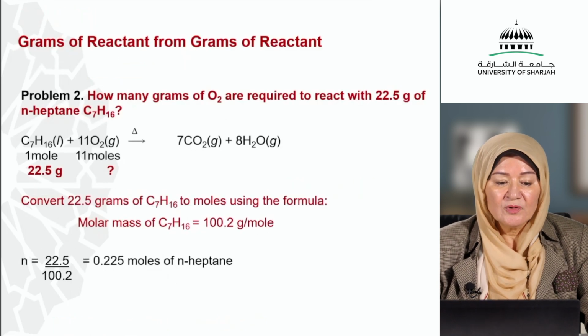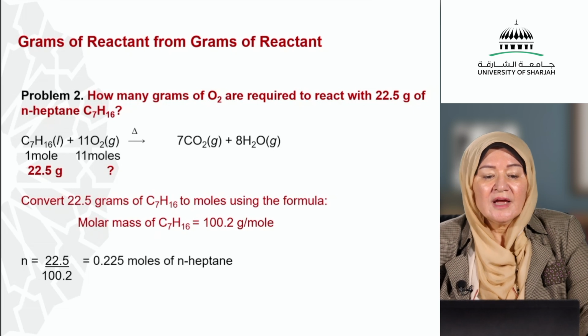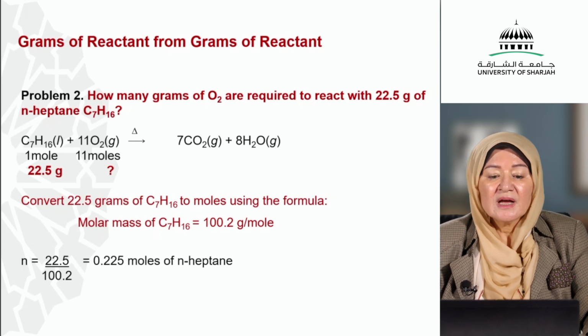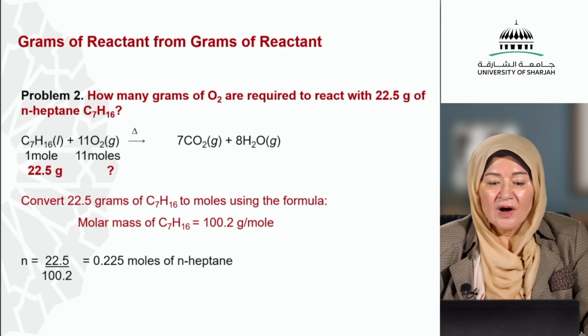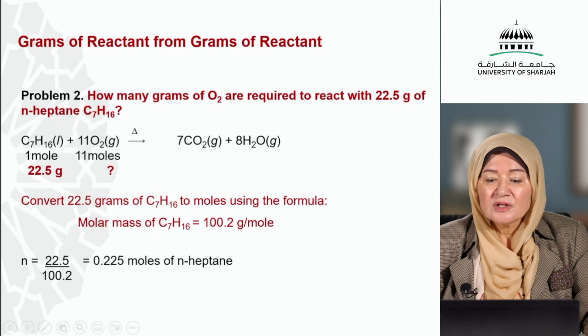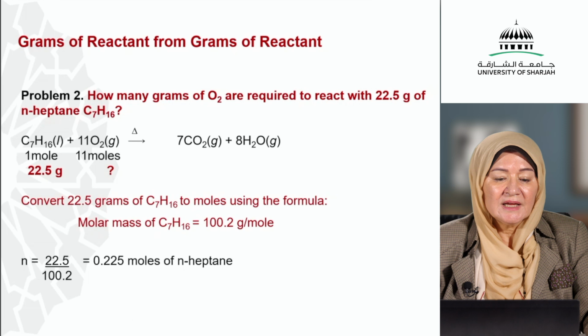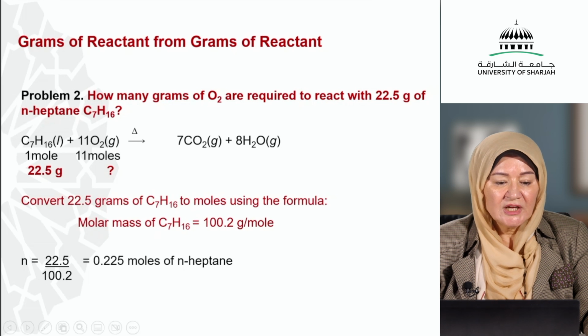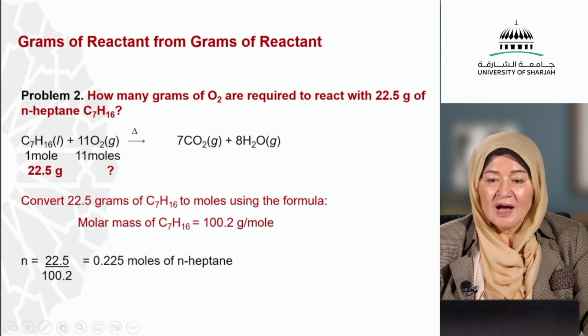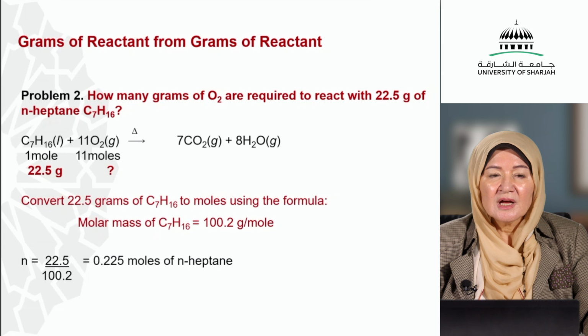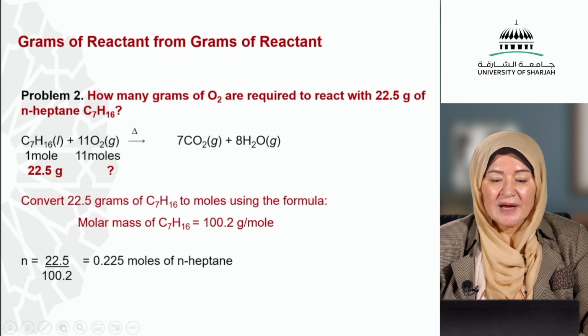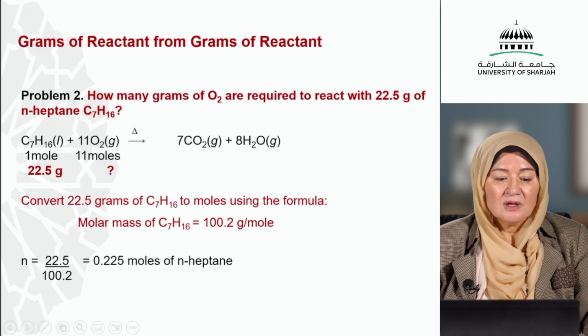I have another problem for you in which they are asking how many grams of oxygen are required to react with 22.5 grams of n-heptane, C7H16. As I told you first, you have to start with a balanced reaction. Then I check how many moles I have.